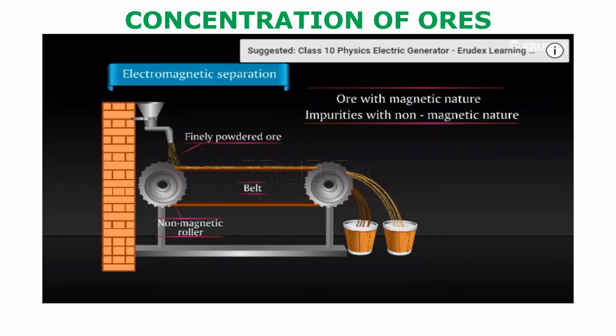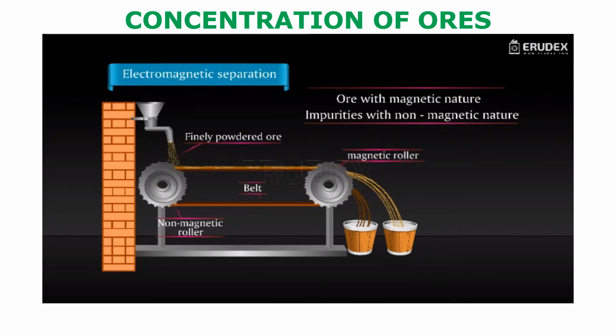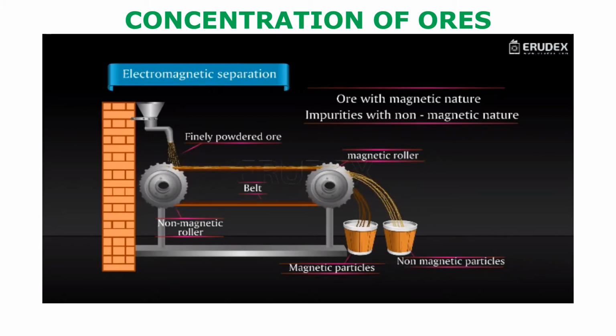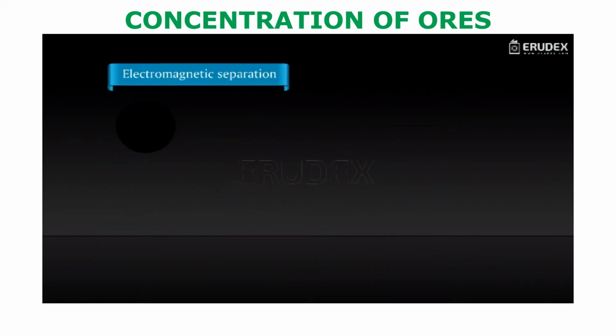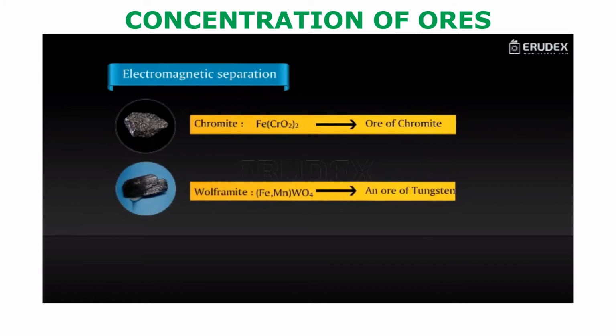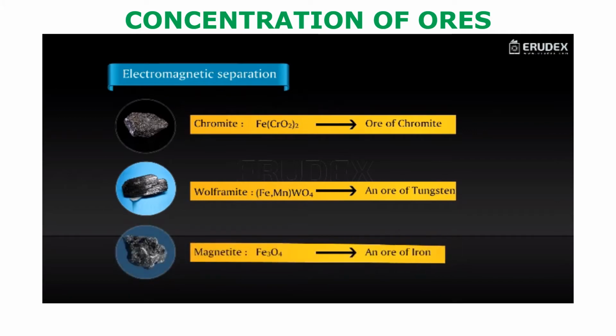As the ore particles travel over the belt and reach the magnetic roller, the magnetic particles are attracted by the magnetic roller and fall into a heap on the inner side. The non-magnetic particles form a separate heap away from the magnetic roller. Example: chromite, ore of chromium; wolframite, an ore of tungsten; magnetite, an ore of iron.